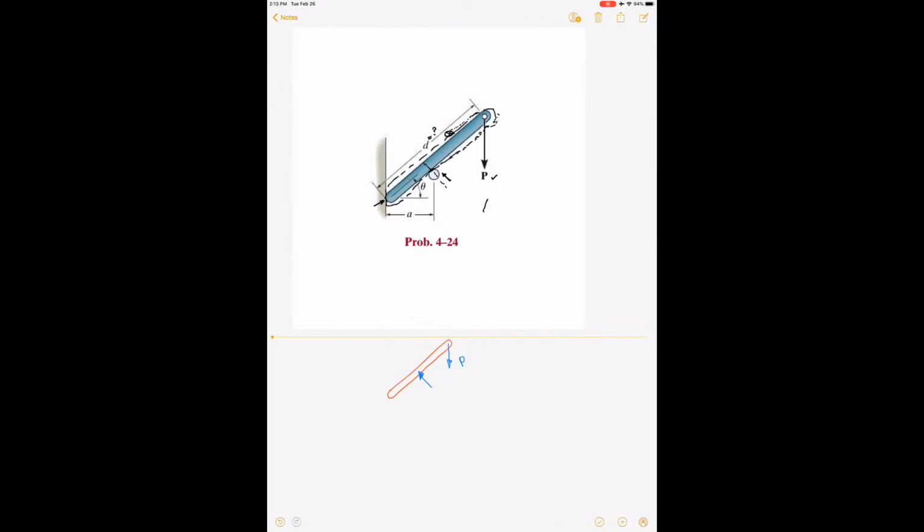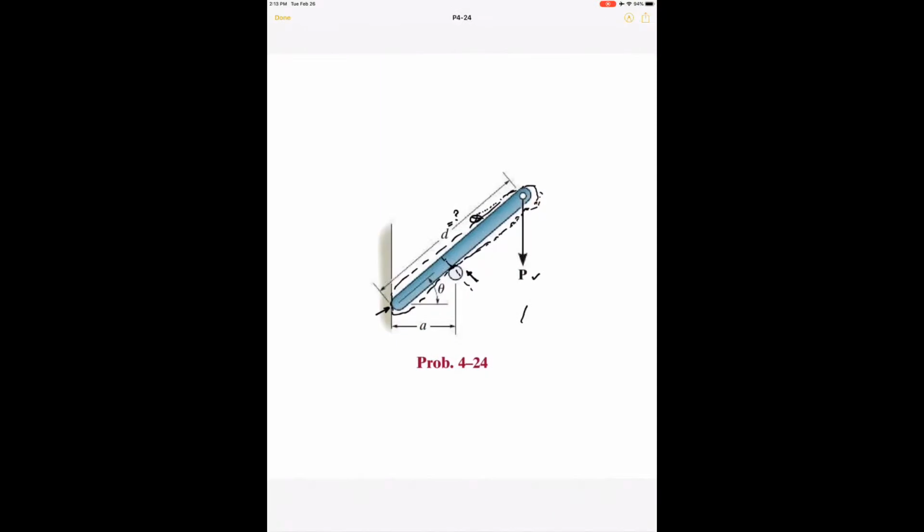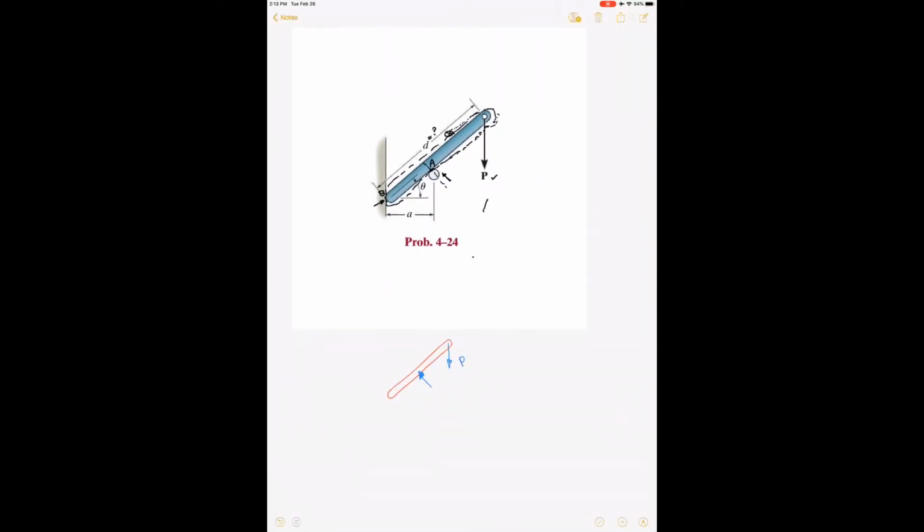This force is coming from the outside world, which is that contact point. Let's call this point A, and let's call this point B. I call this FA, the unknown force coming from the contact point at location A.